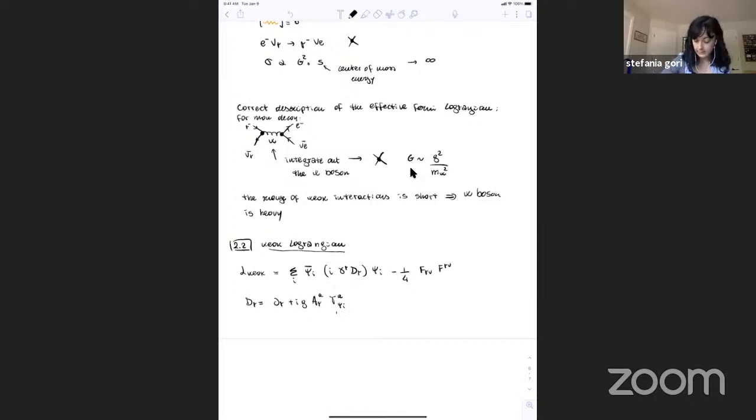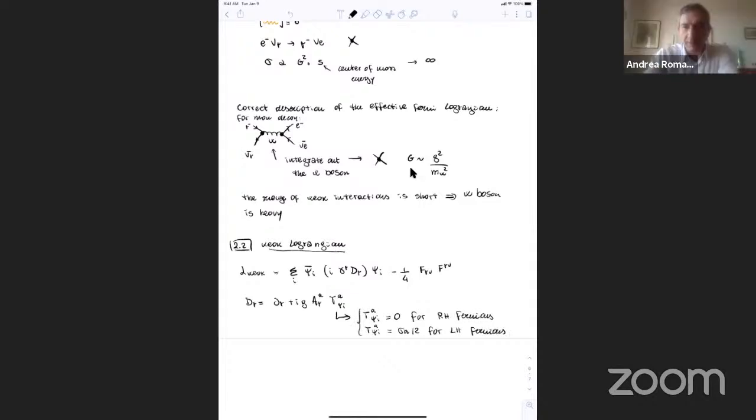And we learned that these generators, T^a(psi_i), are equal to 0 for right-handed fermions. Otherwise, these are equal to our Pauli matrices, again over 2, for left-handed fermions.